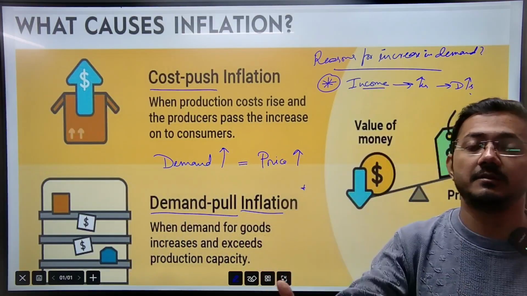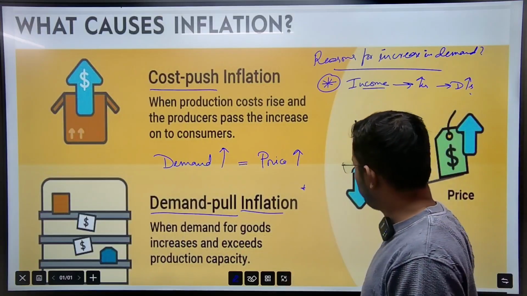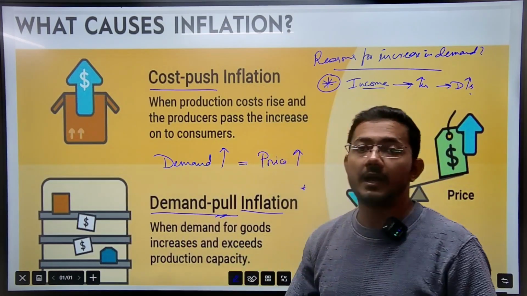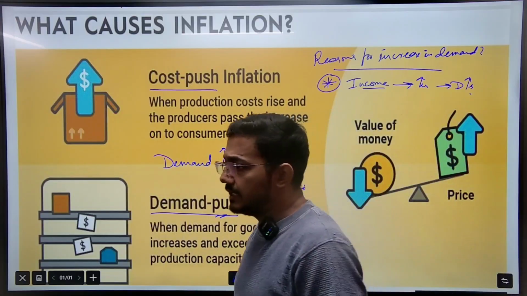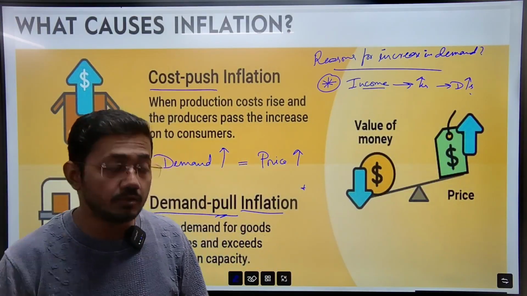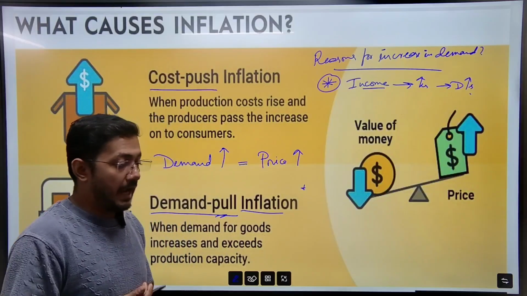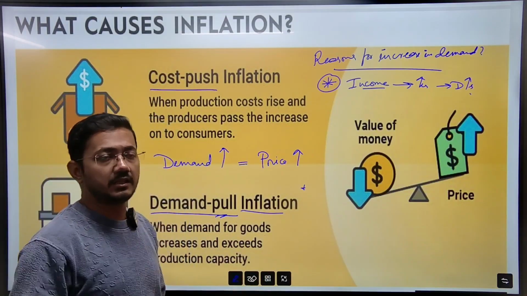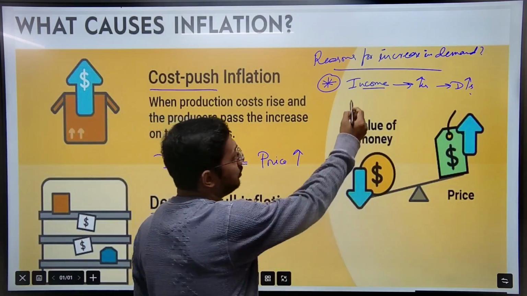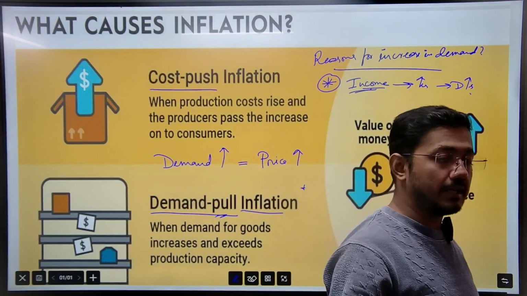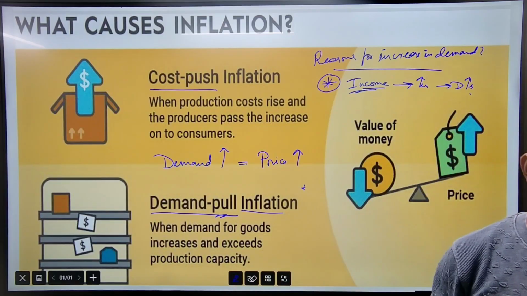That increases the demand in the market, and if demand increases, there will be demand pull inflation. So in the long run, the inflation that takes place in the market is due to the rise in demand, and many neoclassical economists say that the rise in income increases demand, and that eventually leads to inflation.